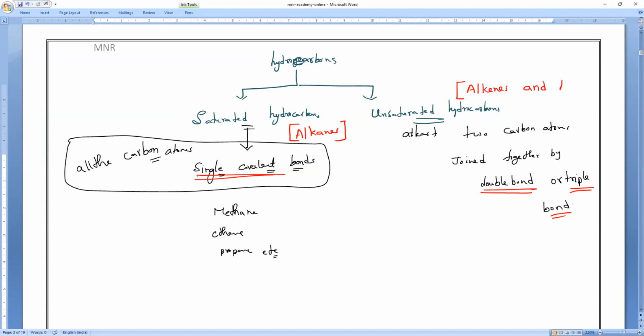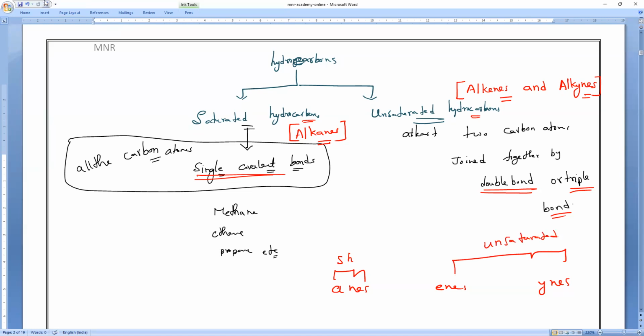And if it is a triple bond, we call it alkynes. So saturated hydrocarbons are alkanes. Unsaturated hydrocarbons are alkenes and alkynes. Again, I am saying: anes, enes, and ynes. These are the three. Anes are always saturated hydrocarbons. Enes and ynes are unsaturated hydrocarbons.